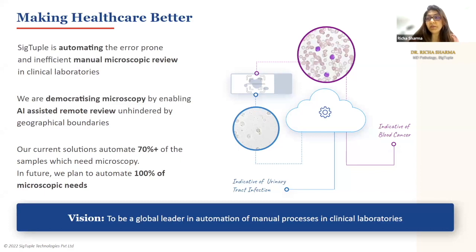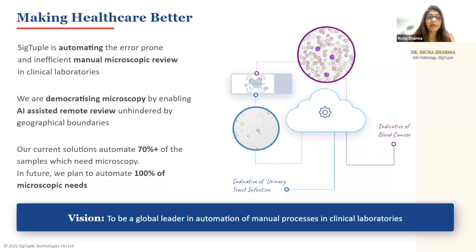So what is the idea behind the innovation that SigTuple is working on? We want to automate the entire manual microscopic review because we know that it is prone to errors and at times very inefficient. When we automate a manual microscopic process, we are also digitizing that entire process.